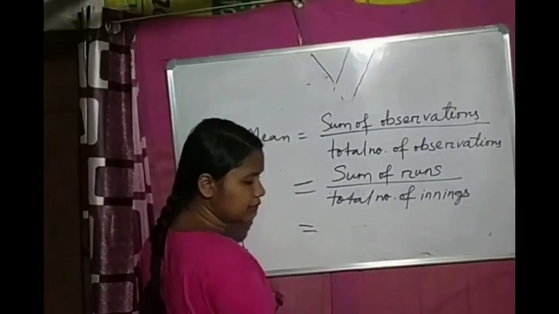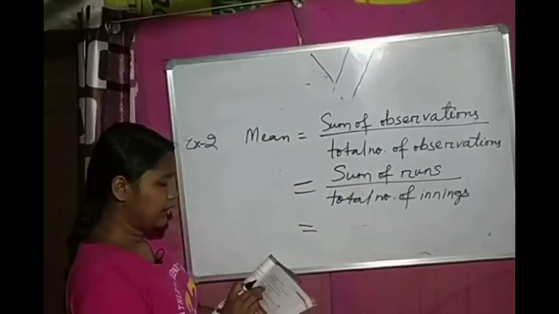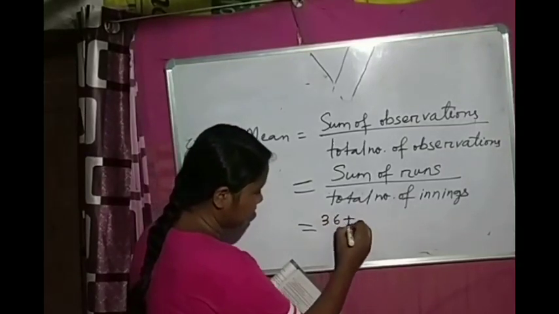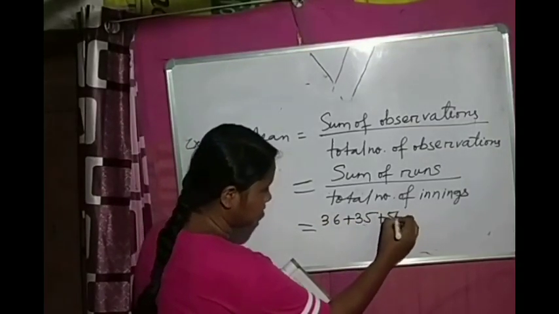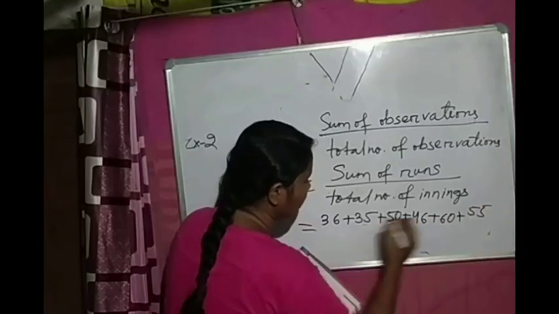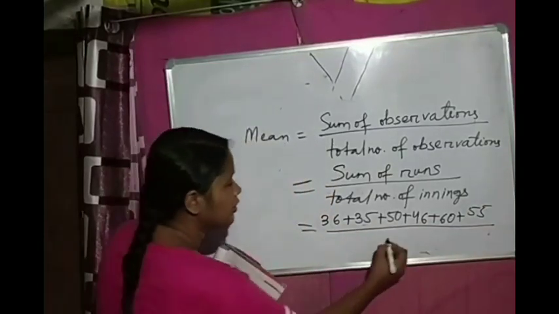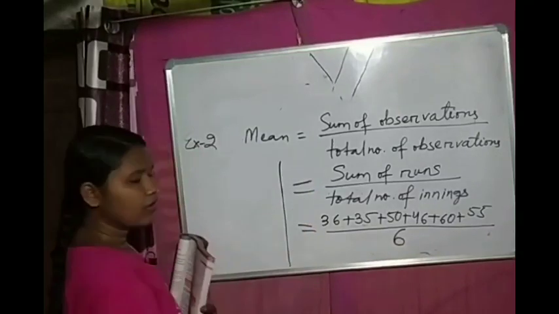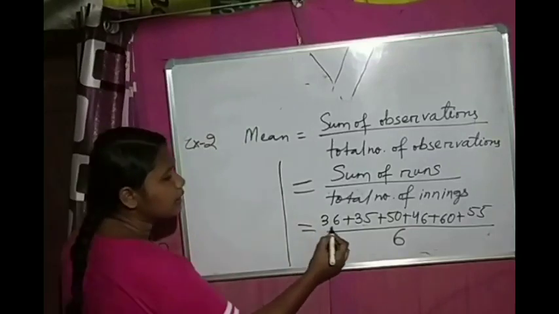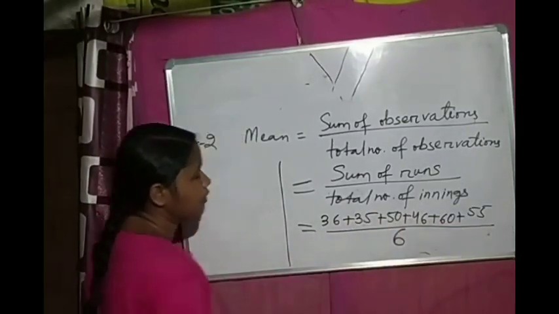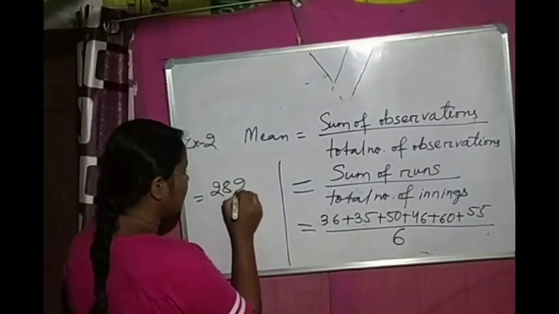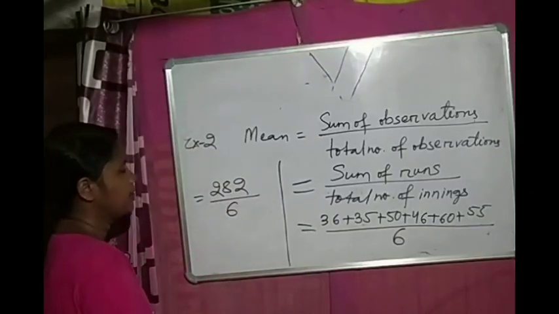The runs given are 36, 35, 50, 46, 60, 55, so 36 plus 35 plus 50 plus 46 plus 60 plus 55, and the total number of innings is 6. Adding these numbers, we get 282 by 6.